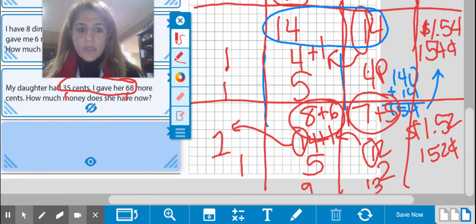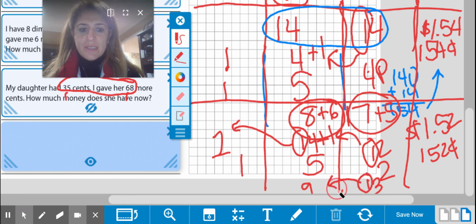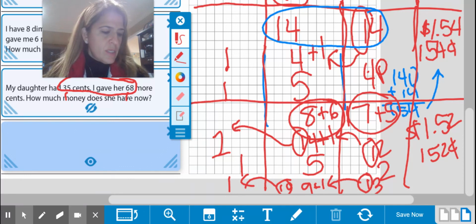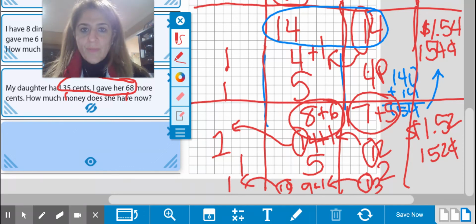Oh no, that's more than 9. So we got to give this 10 pennies and make it into 1 dime. That's 10 dimes. And we know 10 dimes make $1. So this right here is $1. And what's left over? 3 cents. $1.03. So that's it. Go and count some change and see how you do with counting money. All right. Good job, guys.